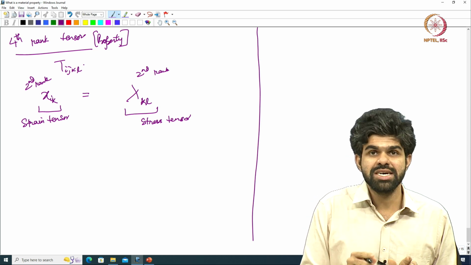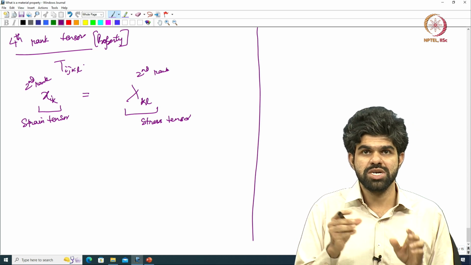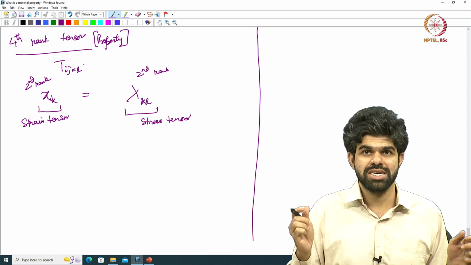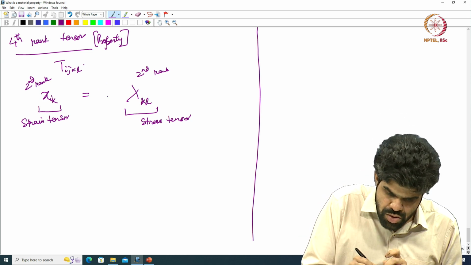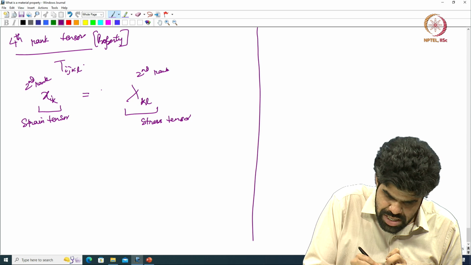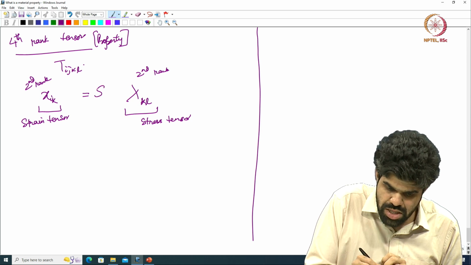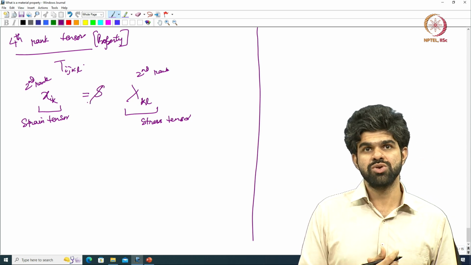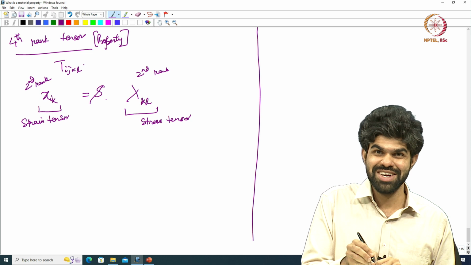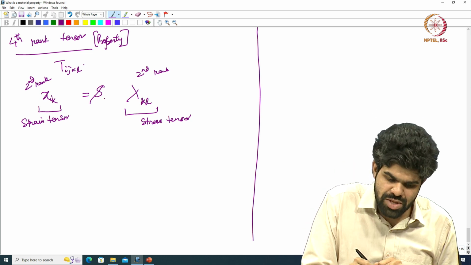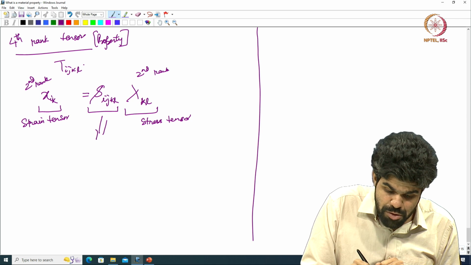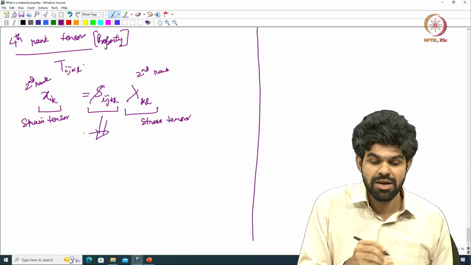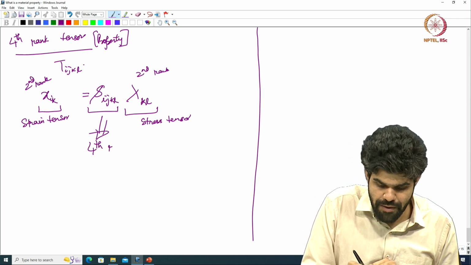And the quantity that relates these two, stress to strain, right. So, I apply stress and I generate strain, is what is called compliance, right. So, now compliance, mechanical engineers want to use the letter S to denote compliance. This is compliance, right, denoted by S. So, this is Sijkl. Now, Sijkl is a material property or a response function which is a fourth rank tensor.